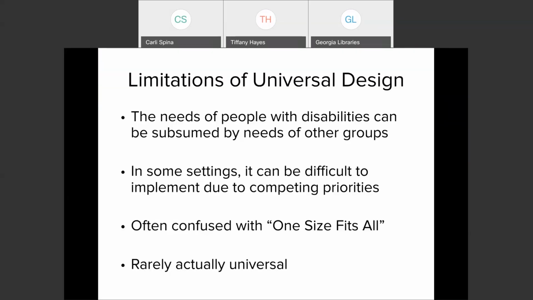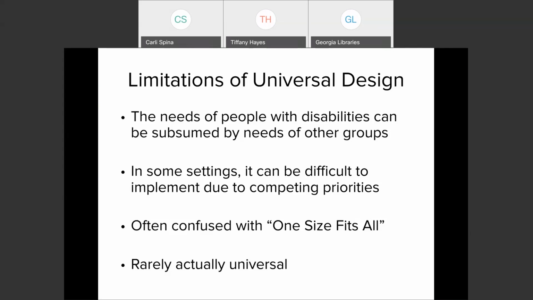And I think that that's one of the problems of universal design, is that the people who are doing the design might not be able to think about all of the important issues that come with the needs of people in these different groups.